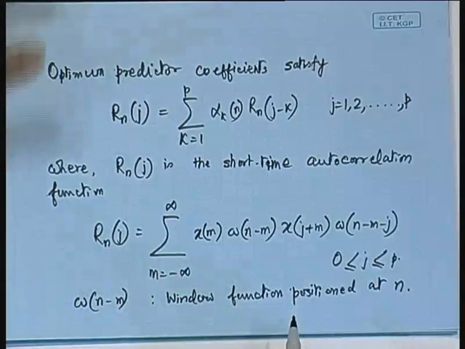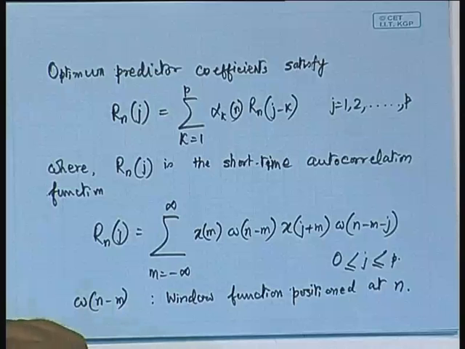But since it is a short time autocorrelation function, how frequently are we going to estimate these values of alpha? Are we going to estimate too frequently? Short time analysis means every short time analysis should lead to some values of alpha, and then again in the next frame we are going to alter that.